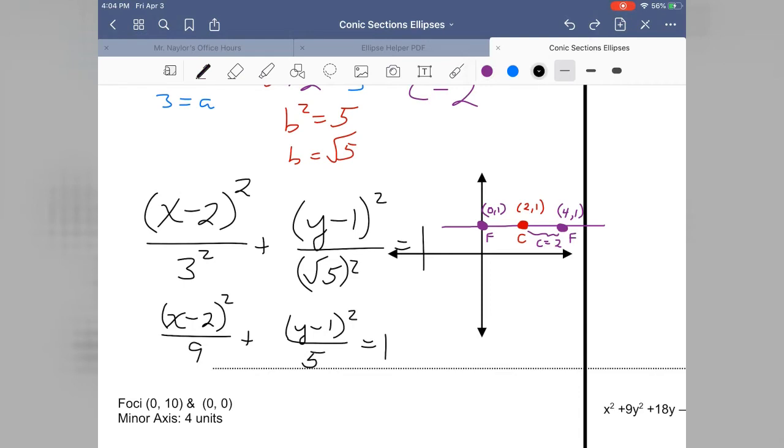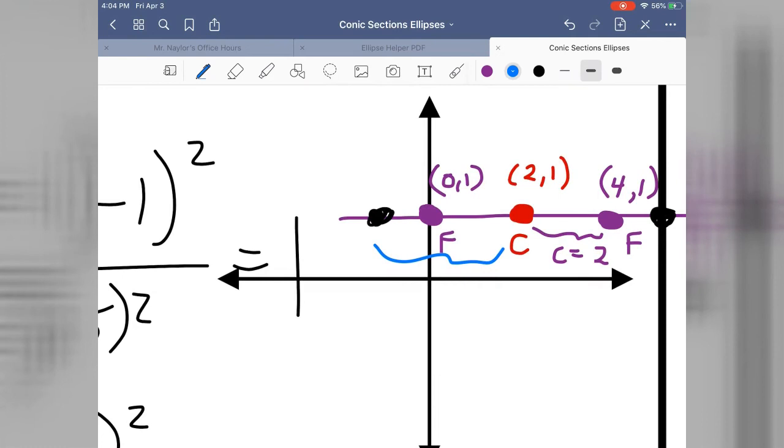Now, the only thing that I didn't do is I didn't label a vertex, like literally label the vertex on my ellipse. And I should do that because now that I know that the a value is 3, I'd be able to give the value of this point.